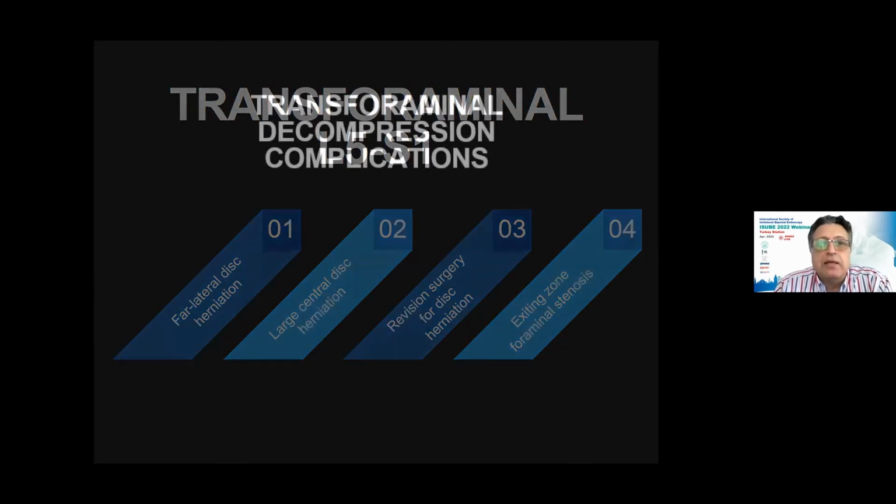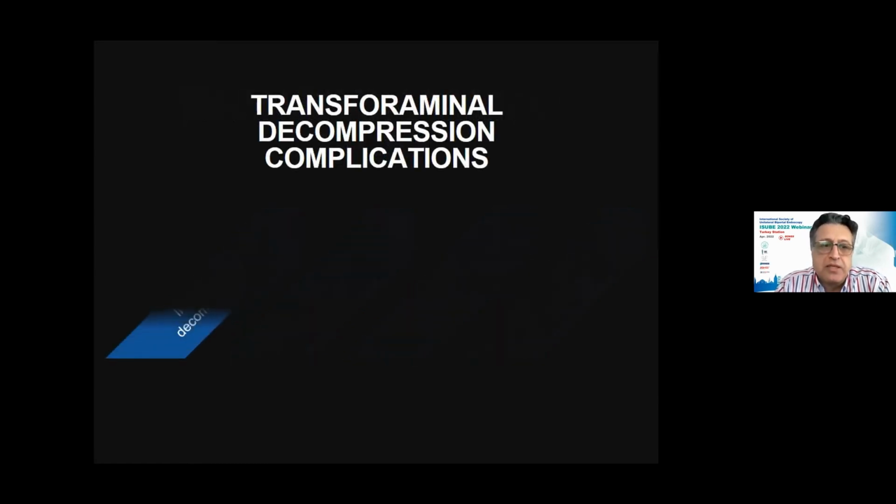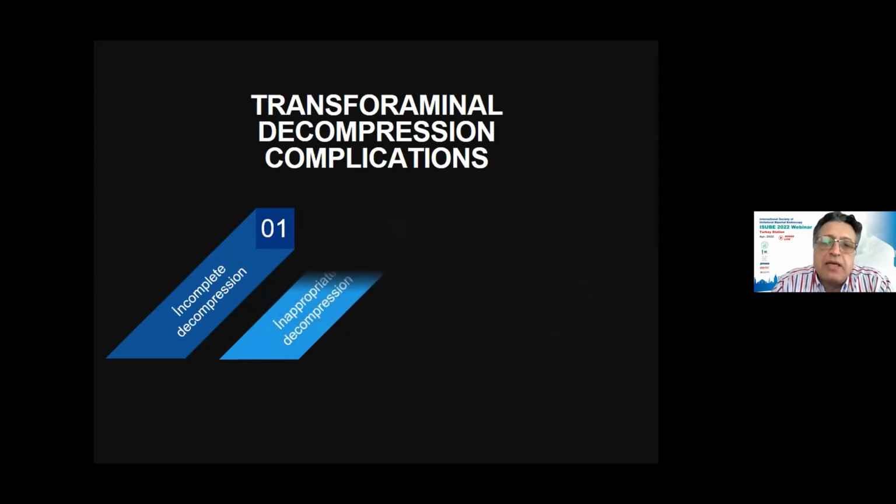And for transforaminal decompression, we have some complications. One of them is incomplete decompression. What I mean by incomplete decompression is inappropriate decompression. This is the decompression of the lateral part of the superior articular process.